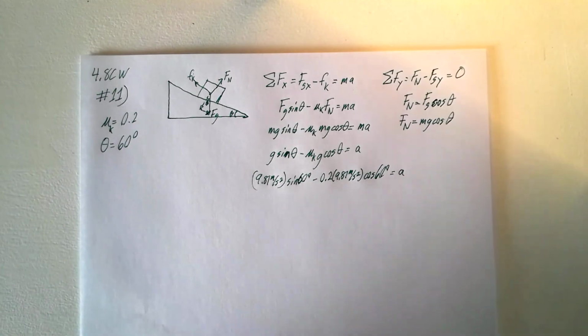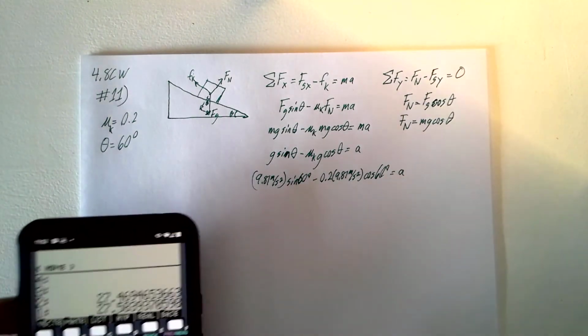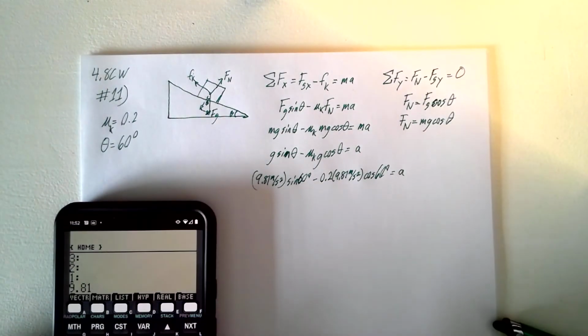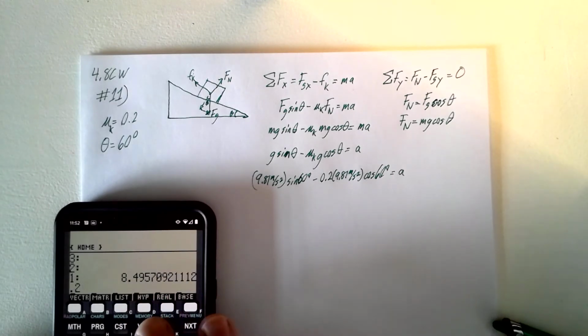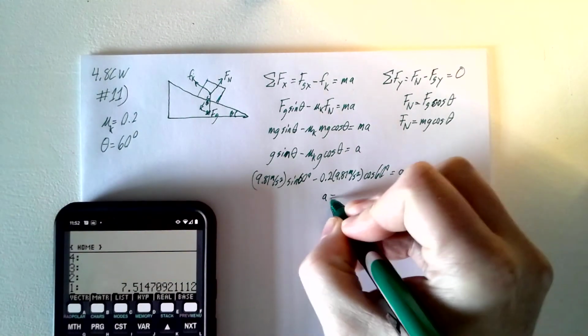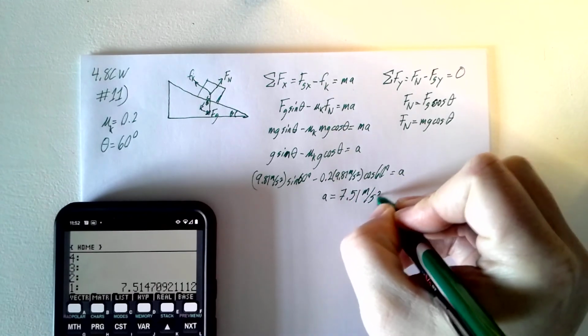So now we just plug and chug. And we get an acceleration of 7.51 meters per second squared.